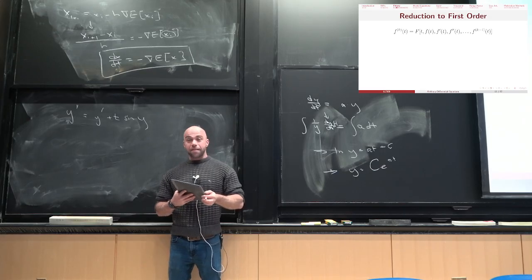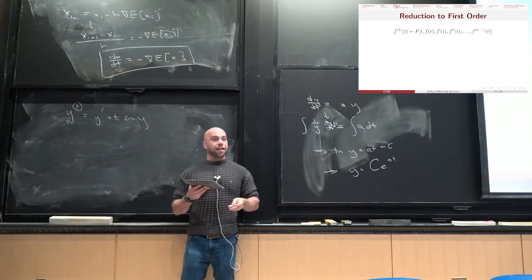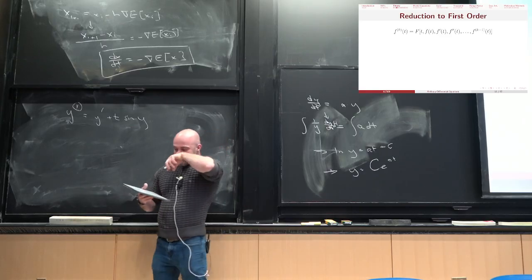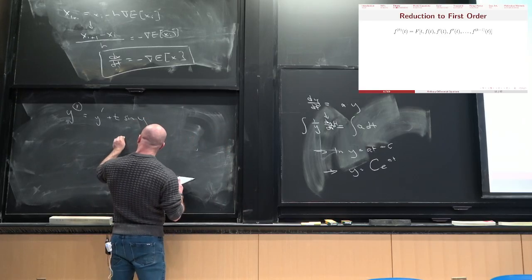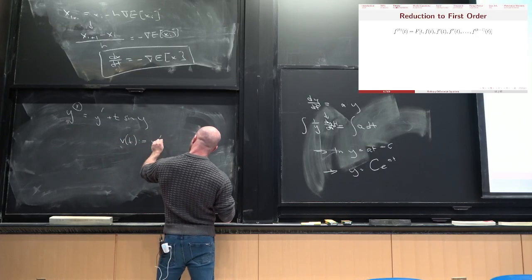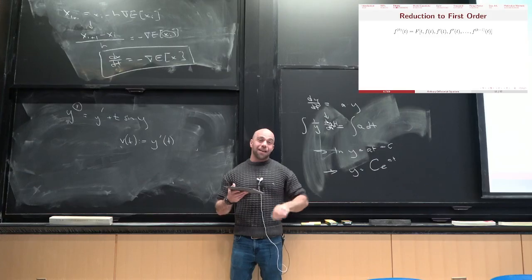All right, so this is called a second order ODE, because the word order refers to the highest derivative that you see in the expression. But here's a fun thing that I can do. Let's define a new function v of t, which we're just going to define to be equal to y prime of t. I can certainly do that, right? I can do anything I want.